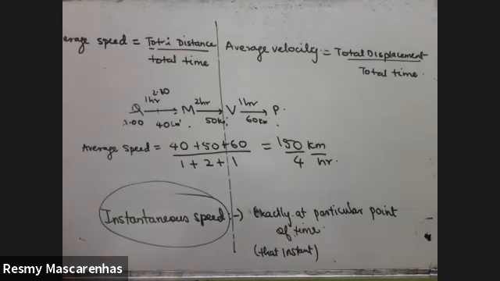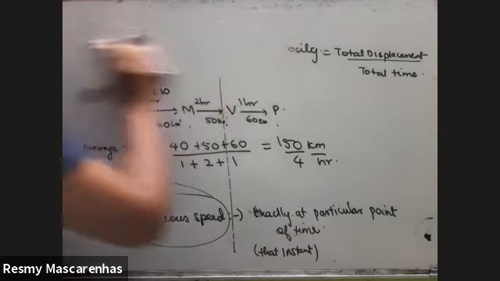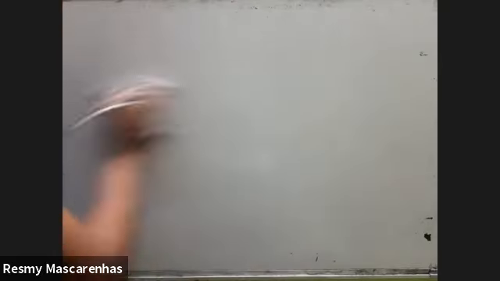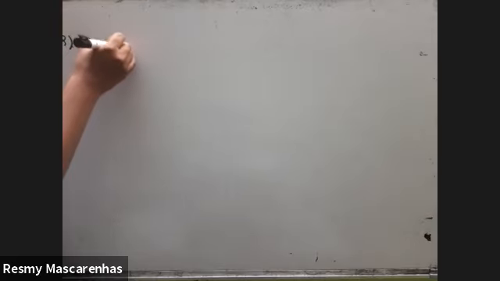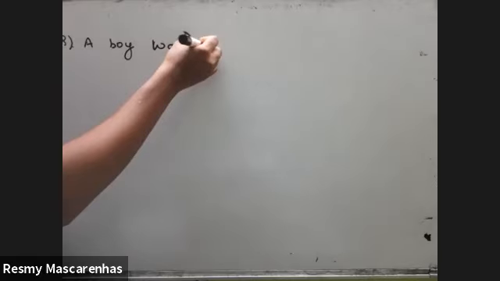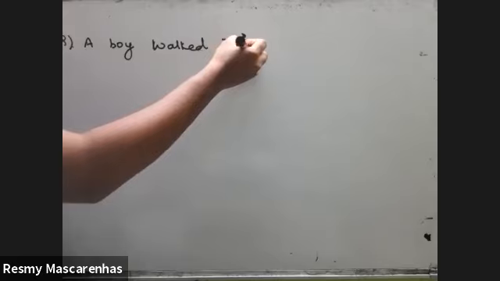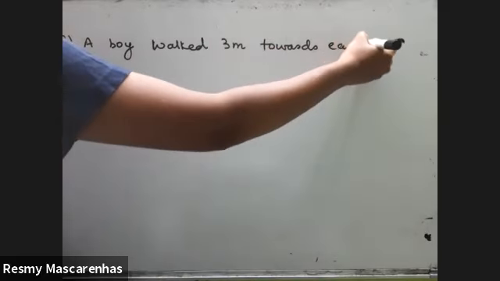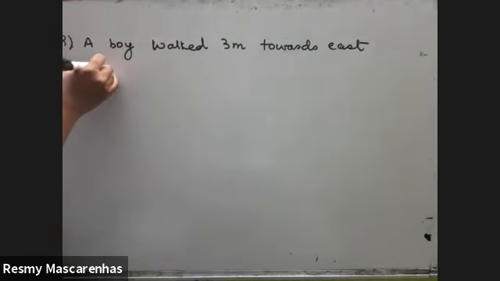Now we will solve some problems based on this. So any doubts will all get cleared over here. A boy walked 3 meters towards east in 2 seconds.